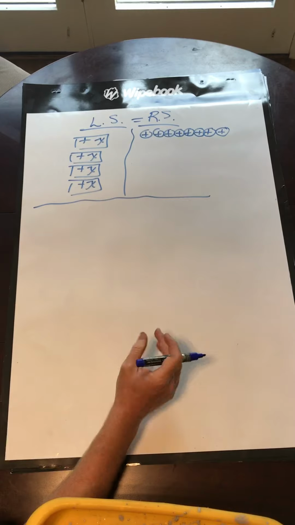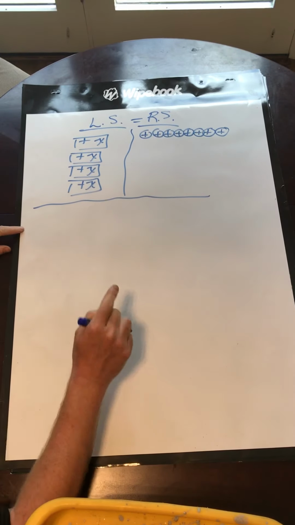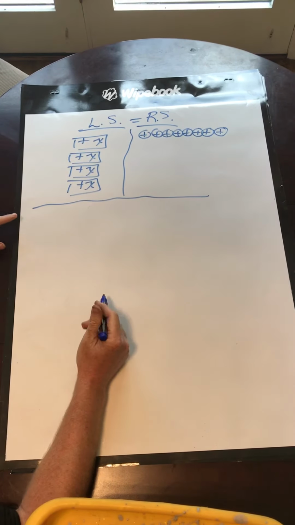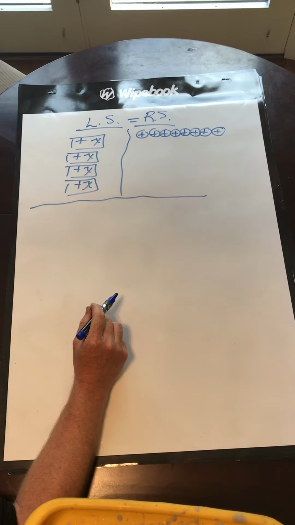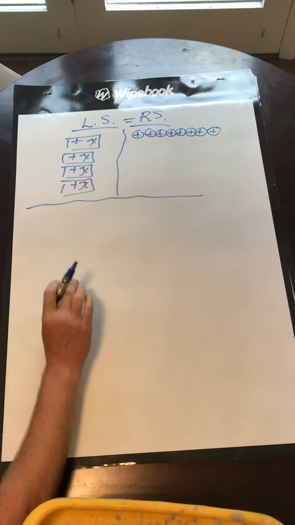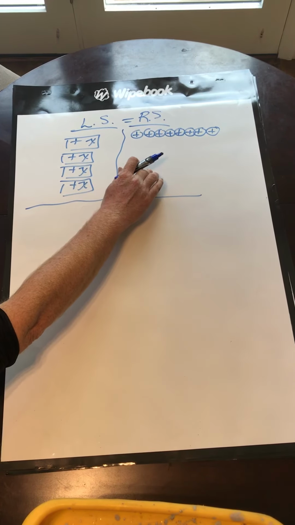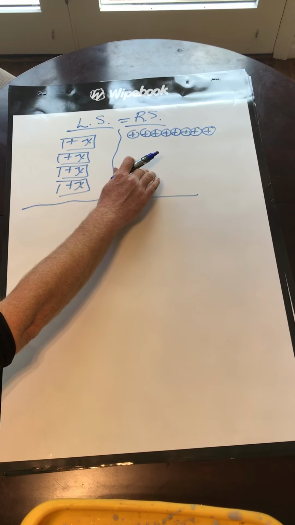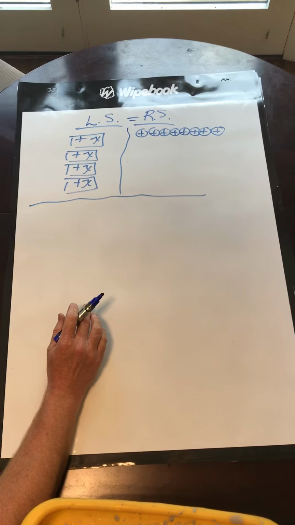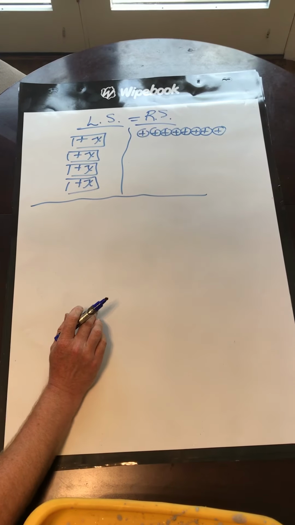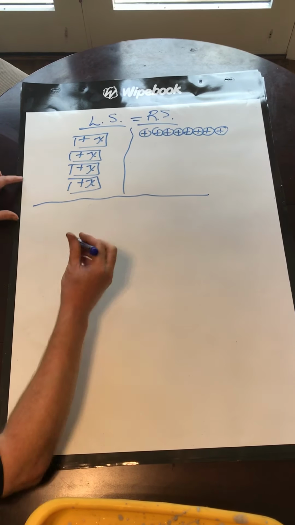I don't want to know what 4x is equal to. I only want to know what 1x is equal to. So is there a way that I can rearrange the 8 positive tiles so that I can find out what 1x is? And yes, there is a way I can do that.